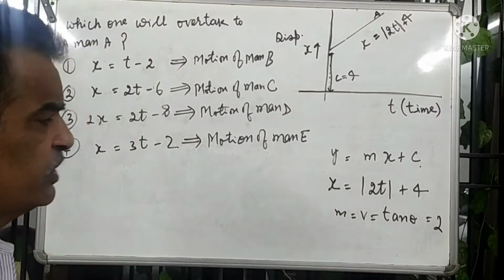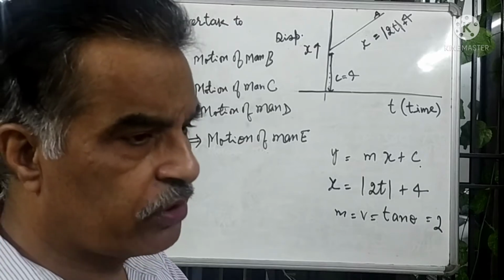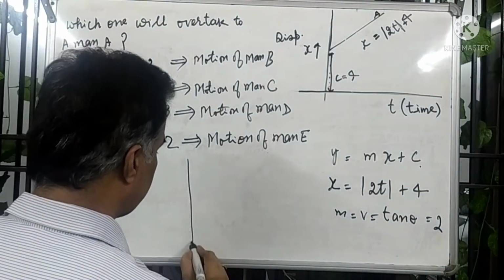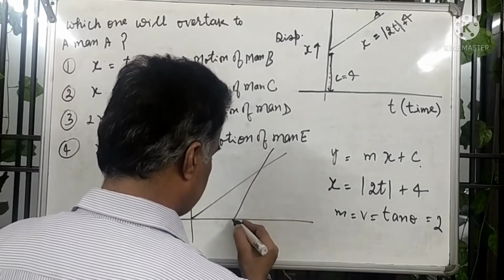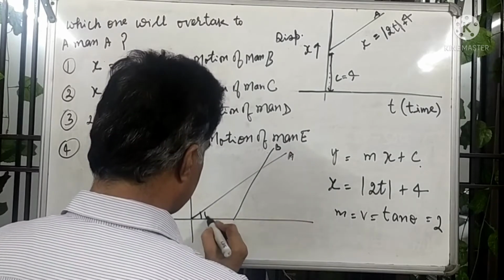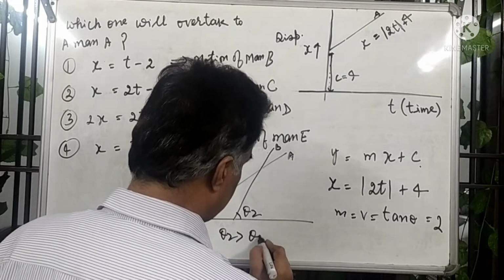Now the next point: the line whose slope is more has more velocity. For example, this is body A, this is body B, this is theta 1 and this is theta 2, and theta 2 is more than theta 1.